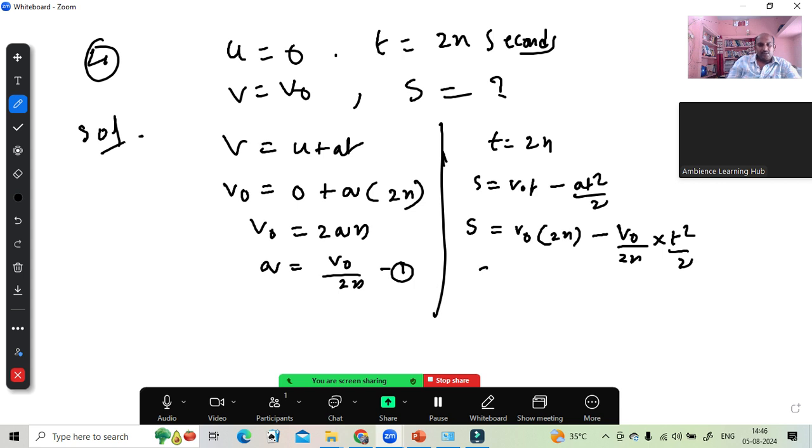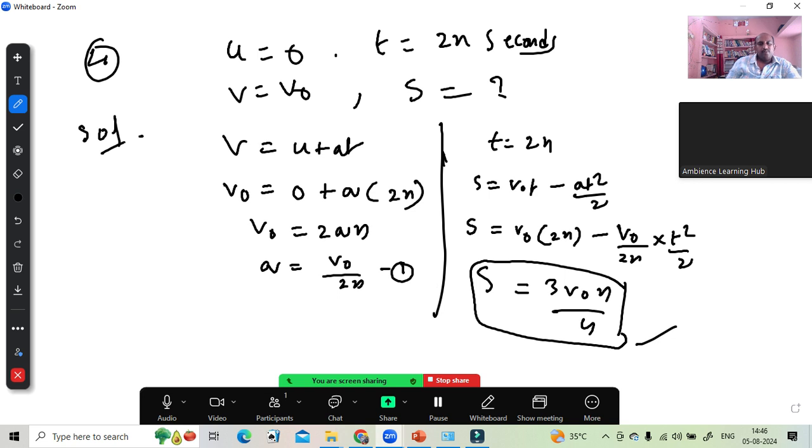By simplifying this one, we get s is equal to 3 v naught into n by 4. This is the solution for the fourth problem. Okay, that's all for today.